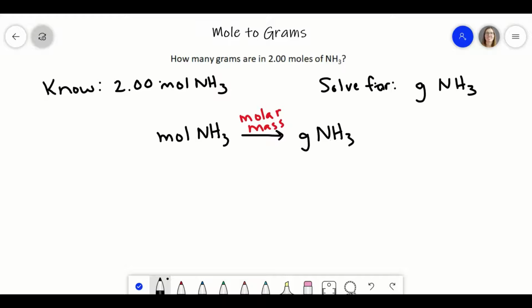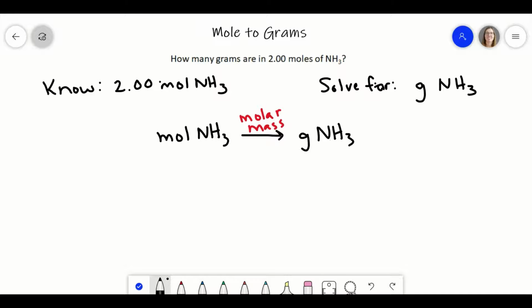Molar mass is calculated using the periodic table. And I have a video on how to calculate molar mass, so I encourage you to check that out. But for right now and in this problem, I'm going to just have the molar mass available. But just know that oftentimes you are asked to calculate that on your own.